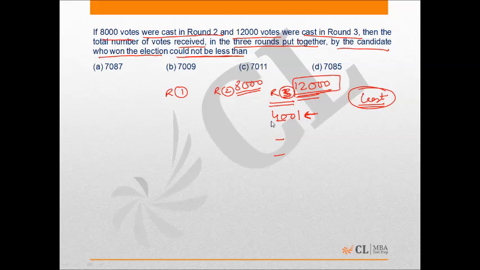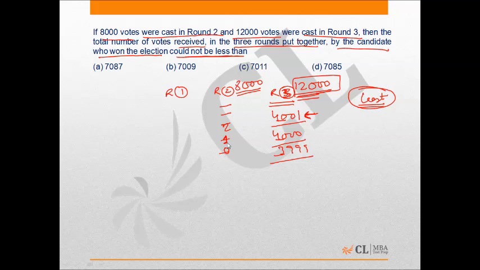So in order to minimize this value, I will split this 12,000 into 3 values such that all 3 values will be as equal as possible. Then the other value will be 4000 and the third value will be 3999. In round 2, that candidate will receive 2 votes.